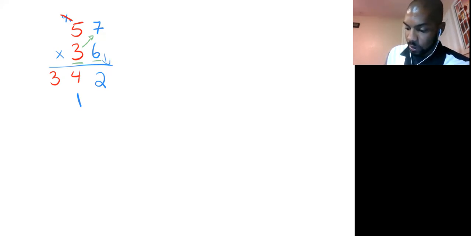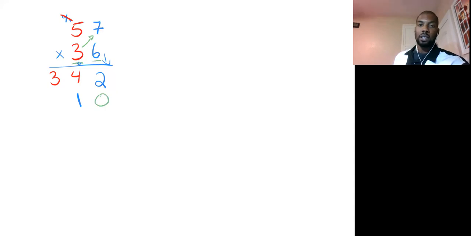Everything that we multiplied with the 3 belongs to the 3. Some people put a 0 here as a placeholder just to make sure that we don't use it. I don't do that. Feel free to do so. It's good practice. But anyway, 3 times 7 is 21. I bring the 1s place down, and I push the 2 over to the next sector because it's technically 20, so it's 2 10s.